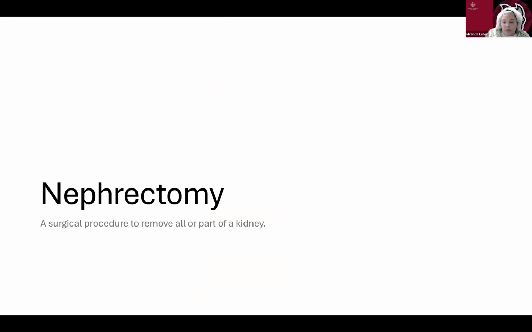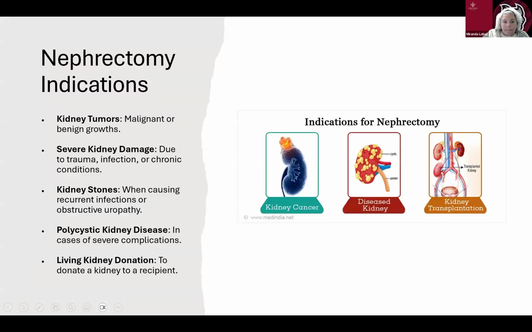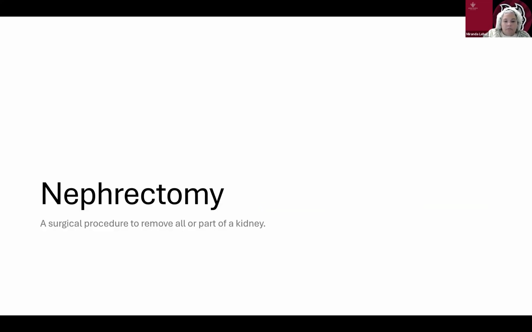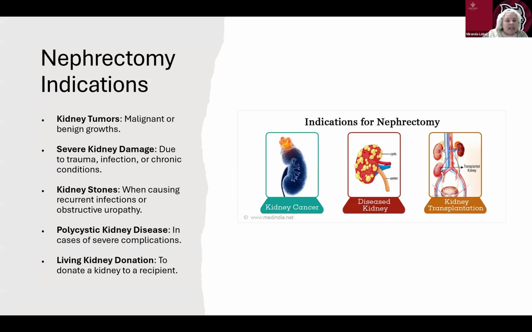And now we're going to move to nephrectomy, which is a surgical procedure to remove all or part of the kidney. Nephrectomy indications are going to be kidney tumors, severe kidney damage, kidney stones, polycystic kidney disease, and living kidney donation.